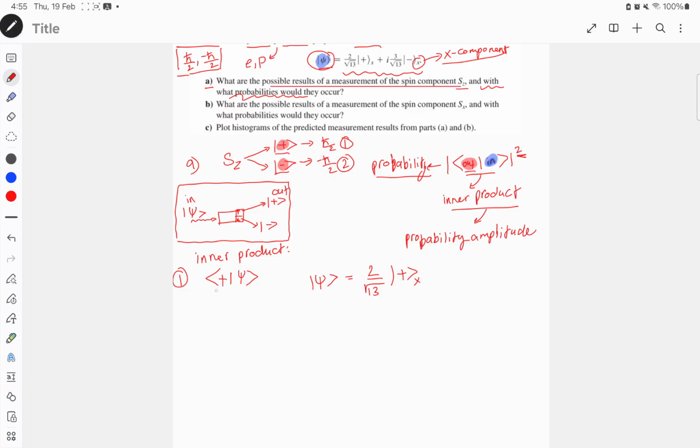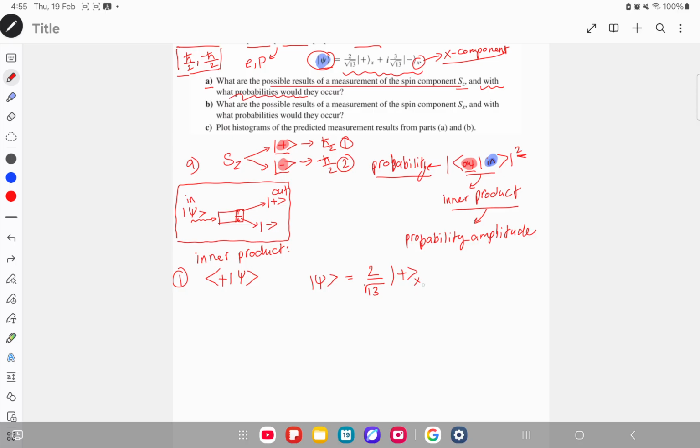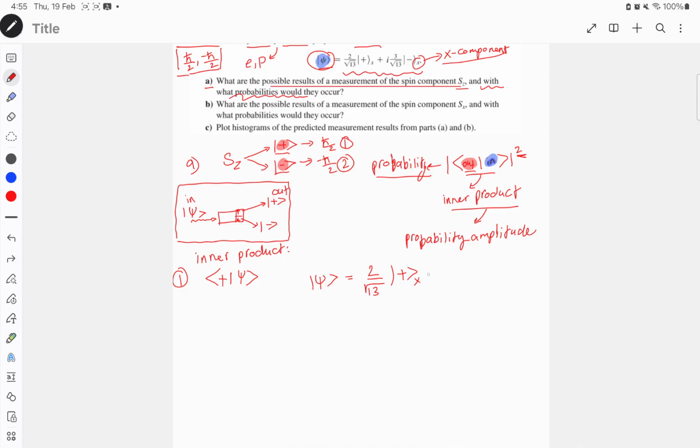Here we don't have a label, so it is the z component. How will we multiply the z component with x? We should convert this x to z. Before we convert it, we will write the whole state here. To multiply, we should have the same components.